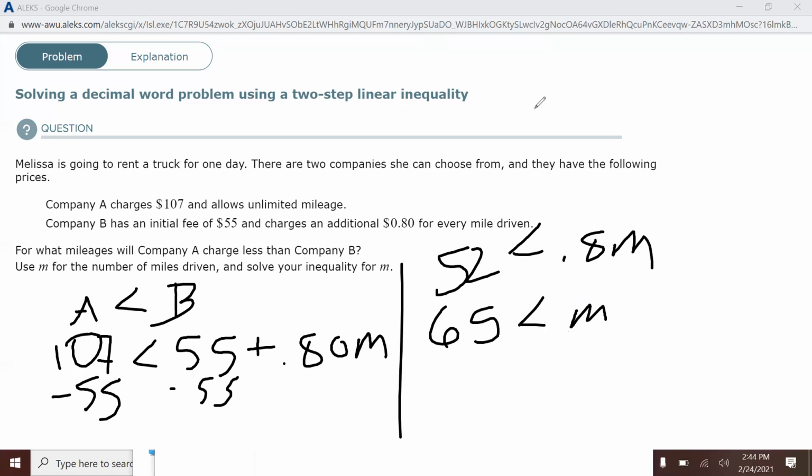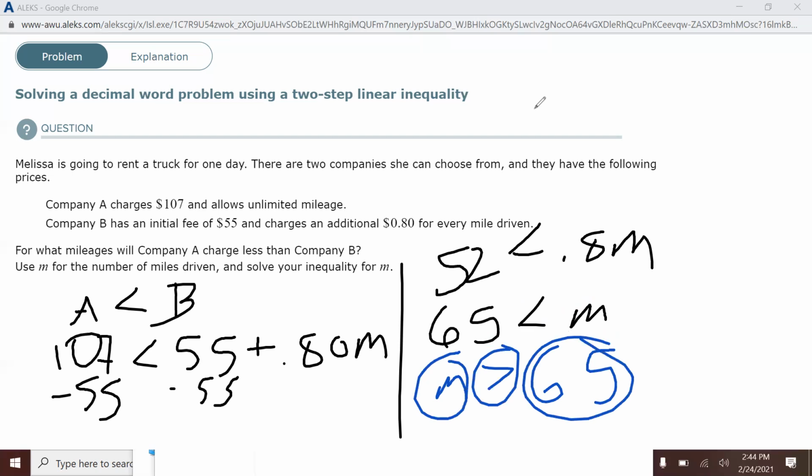I said more because if I flip this thing around, it looks like that. When miles is more than 65. And that's how we do it.